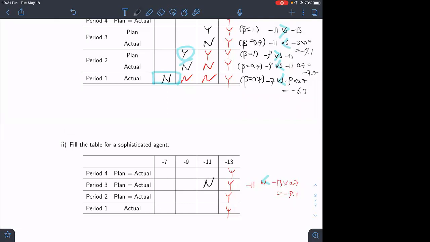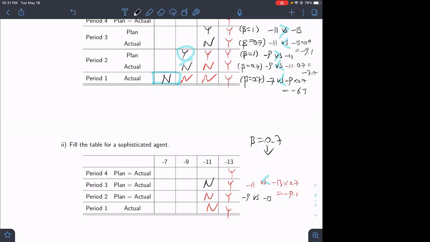Okay. Let me copy and paste what we did above. Let me go to period 2. Beta will be 0.7 for all of the examples for the sophisticated agent, so let me just not write that here. I'm just comparing -9 versus -13.